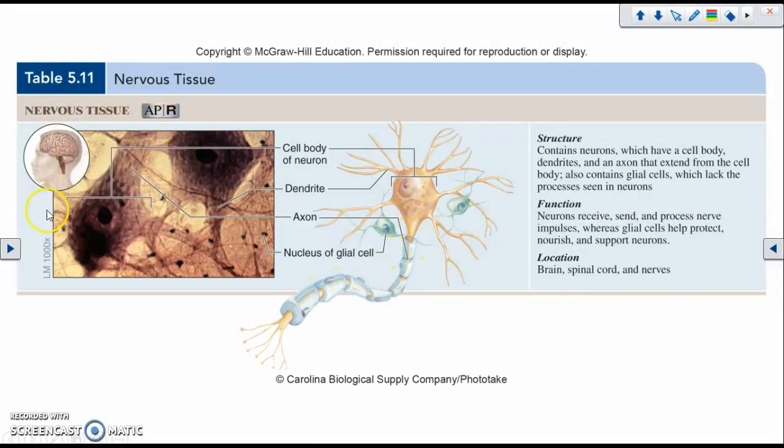So in a slide or a tissue section, you can see these long extensions called axons. Okay, and again, structure belies function. Why do they have long extensions called axons? Well, that is how they send messages, like telegraph poles in the olden days, to other portions of the human body or to each other. Okay, the location is brain, spinal cord, and nerves.